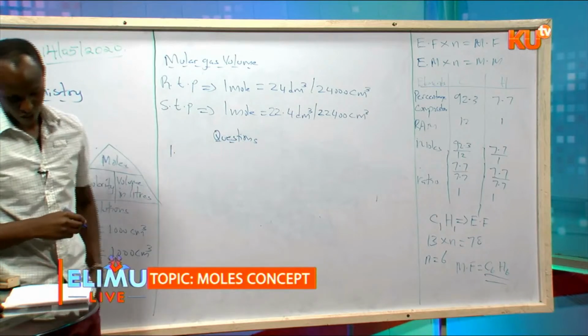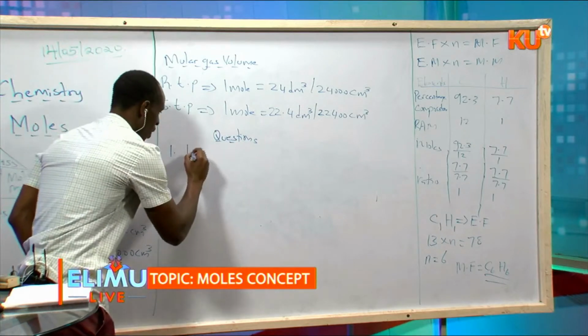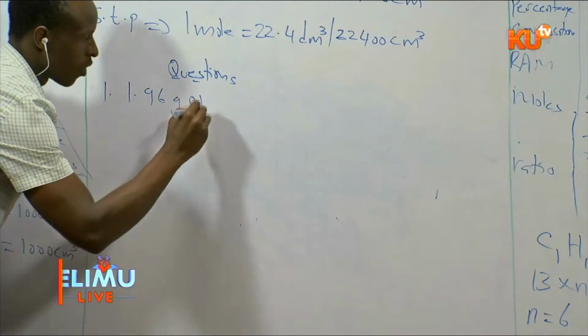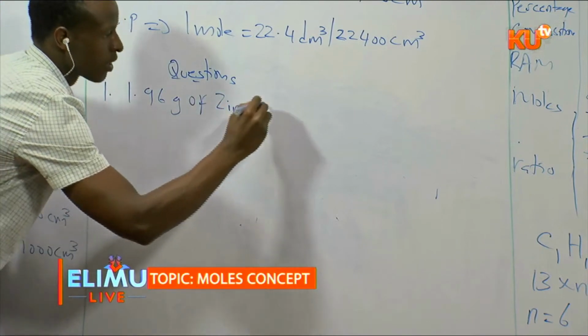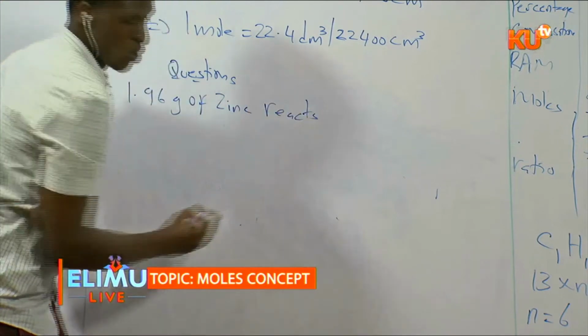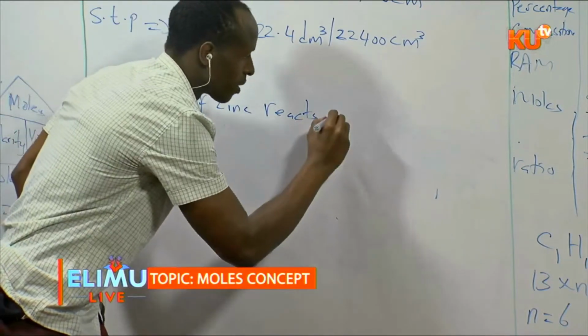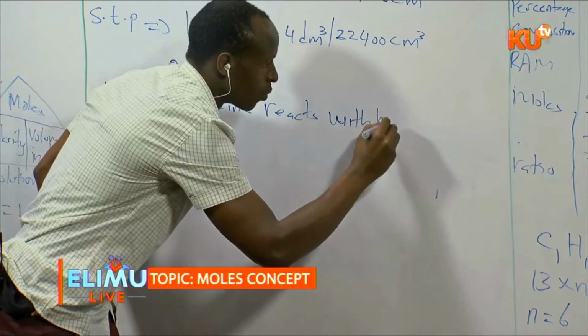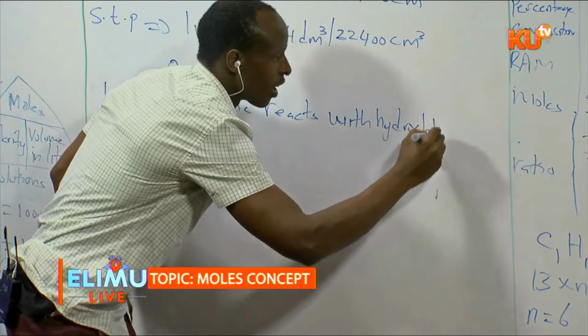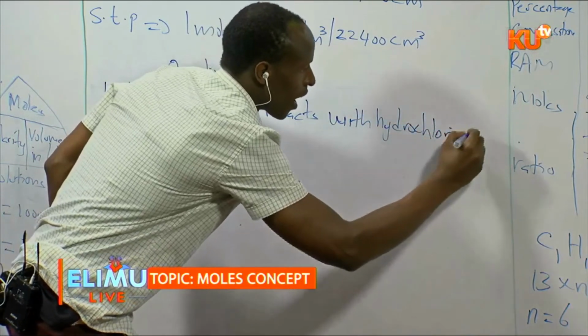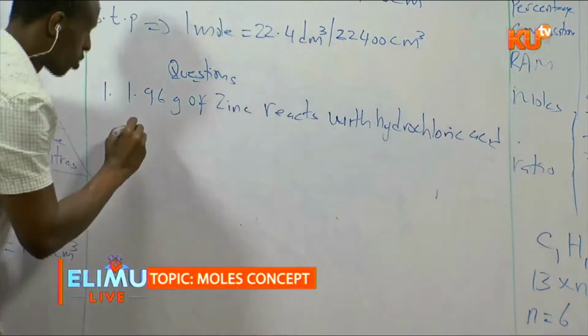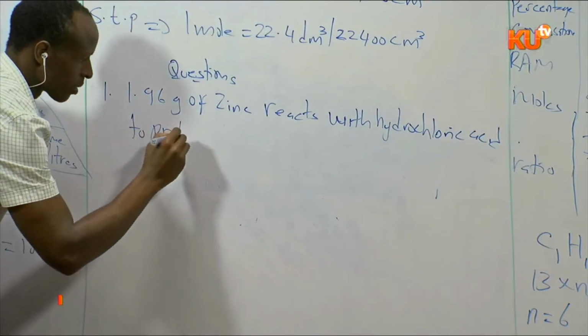So the first question is: 1.96 grams of zinc reacts with hydrochloric acid to produce hydrogen gas.